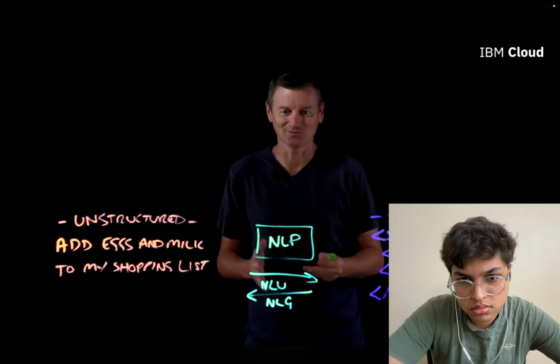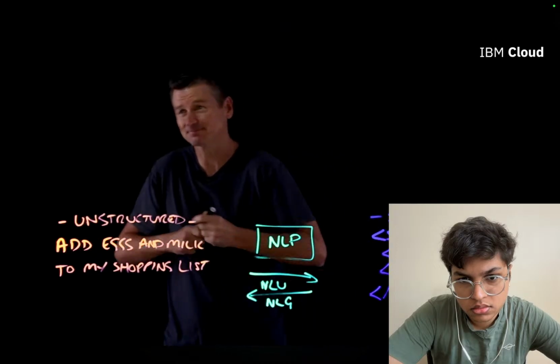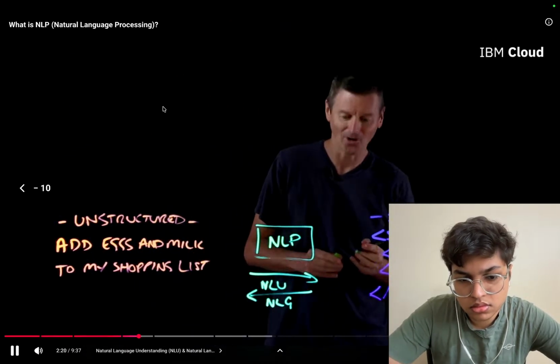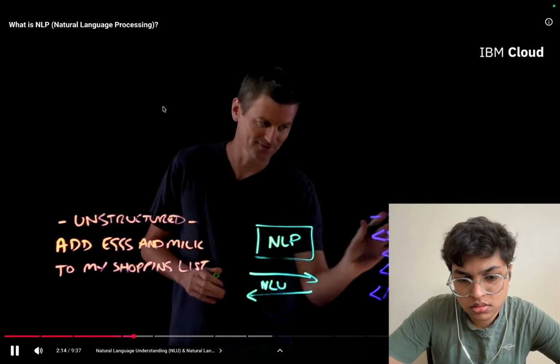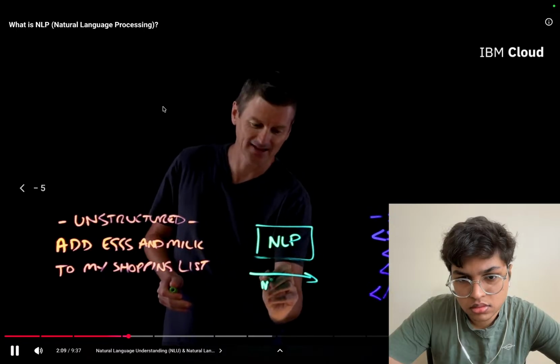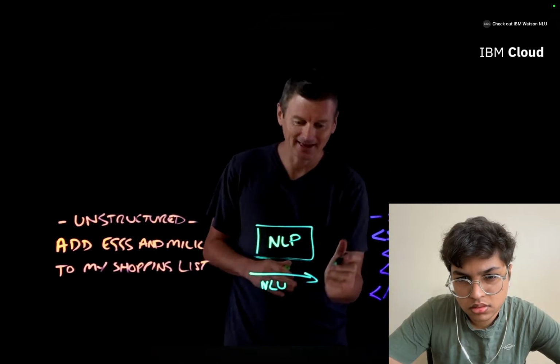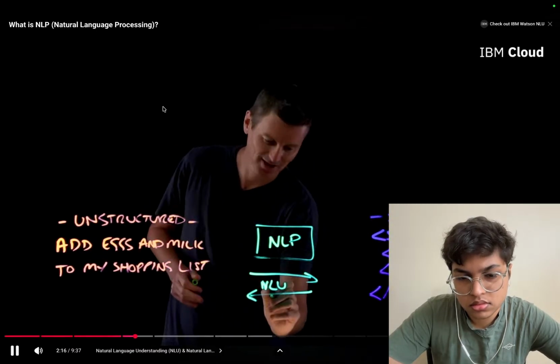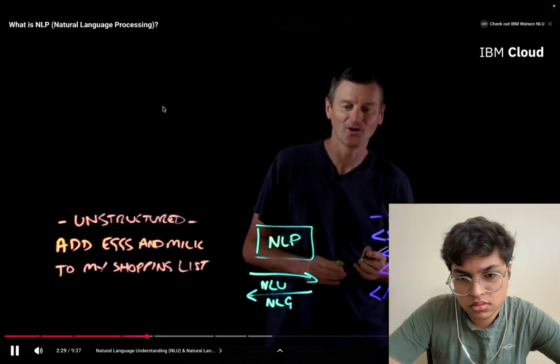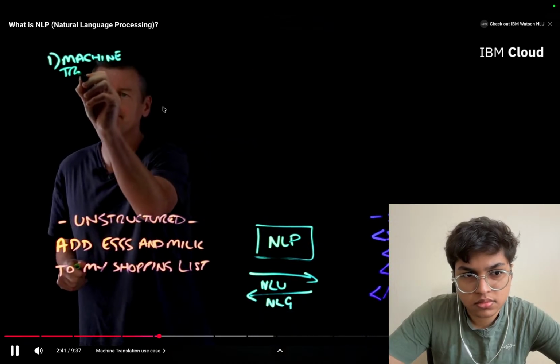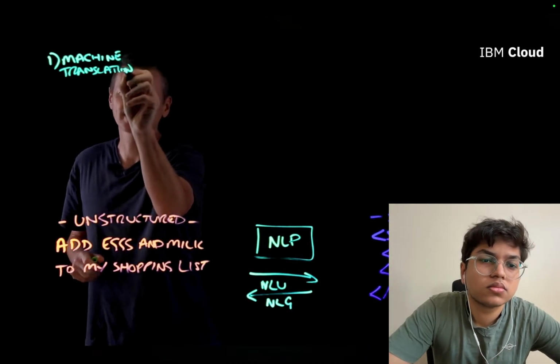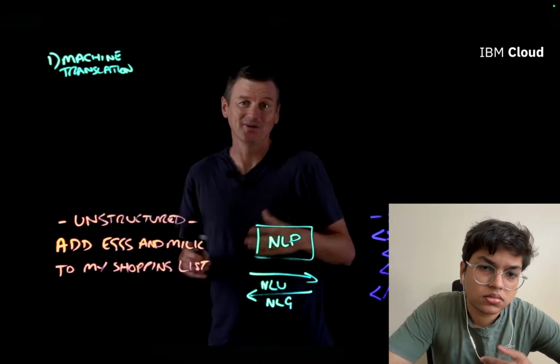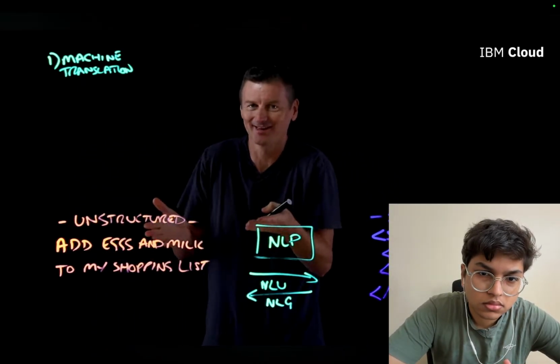Now, let's think of some use cases where NLP might be quite handy. First of all, translation. Now, when we translate from one language to another, we need to understand the context of that sentence.